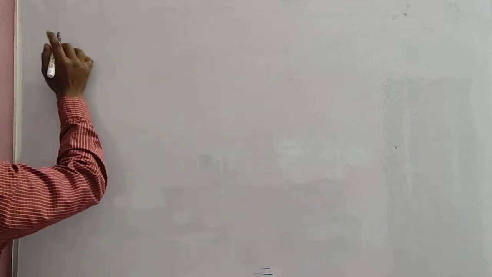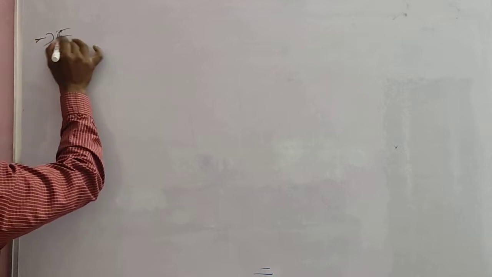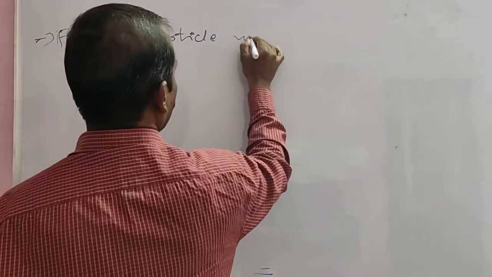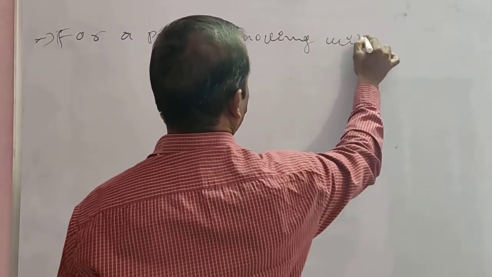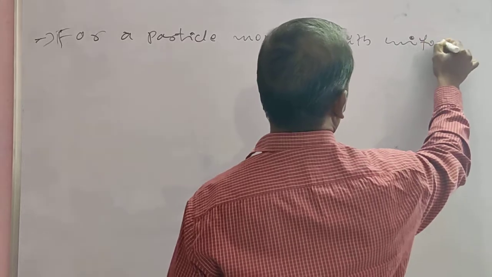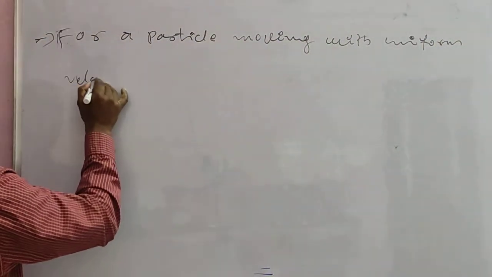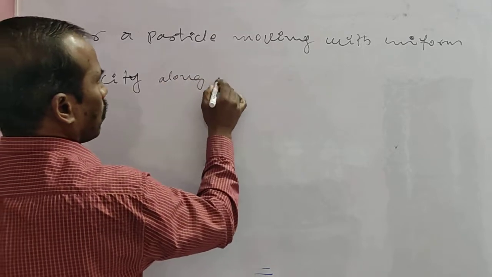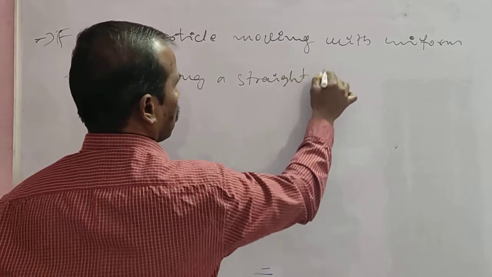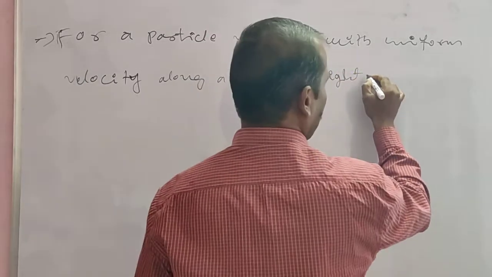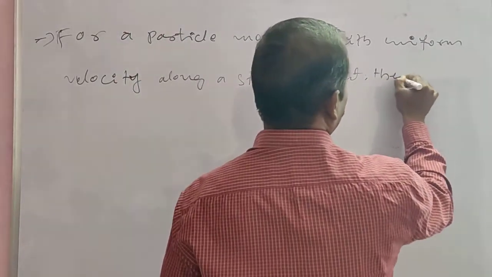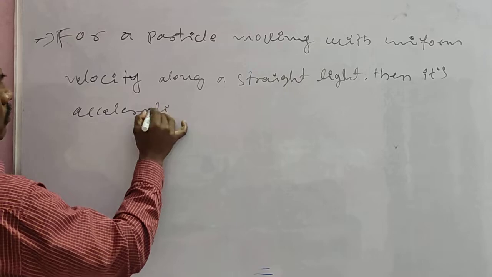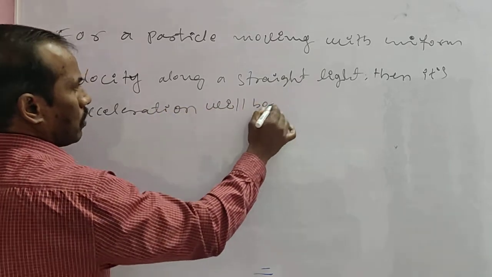Now, for a particle moving with uniform velocity along a straight line, its acceleration will be 0.